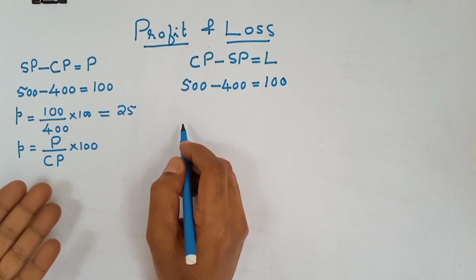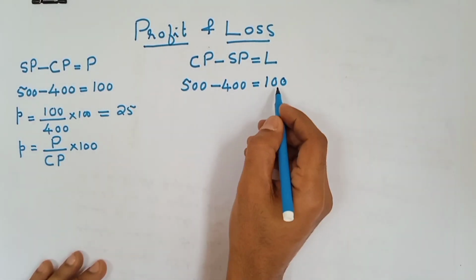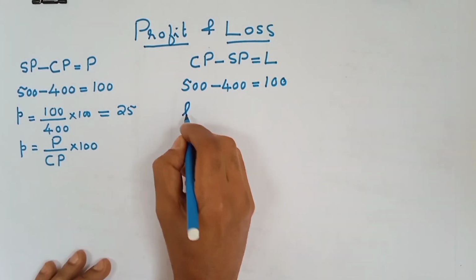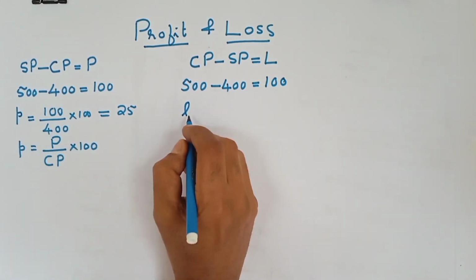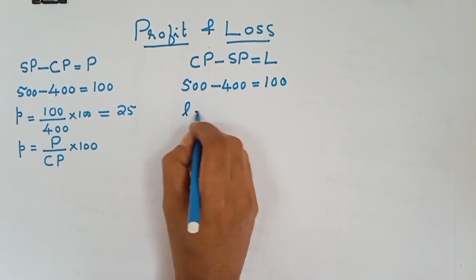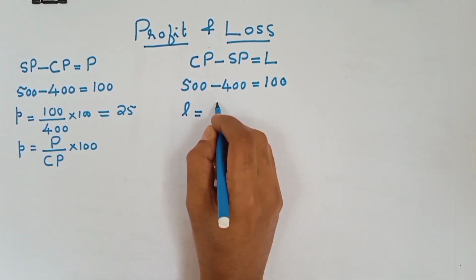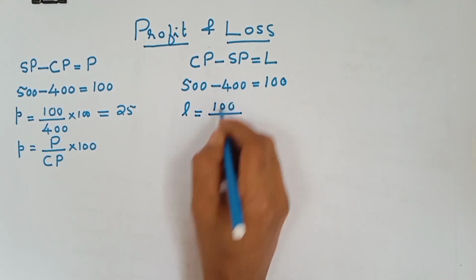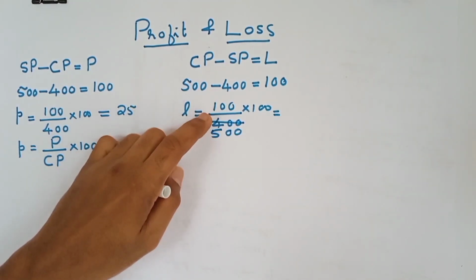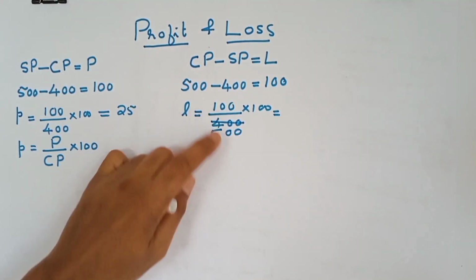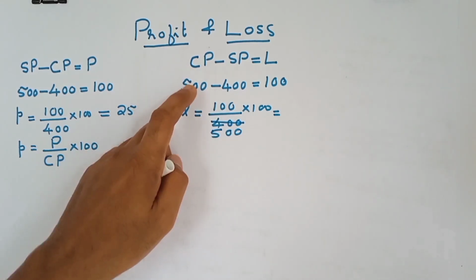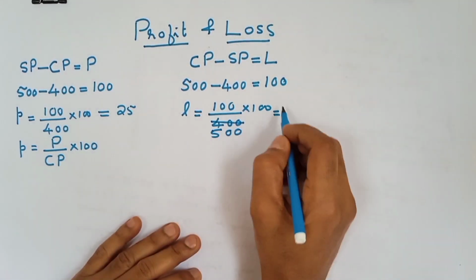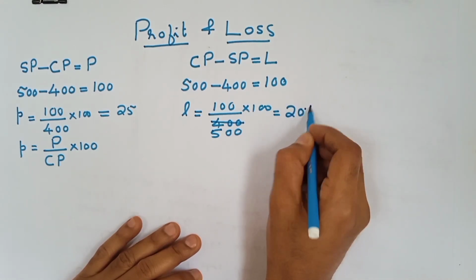And the same thing you can do to convert this 100 rupees loss into loss percentage. Normally we denote loss percentage by small l, and that will be 100, the actual or absolute loss. Again, your profit or loss conversion is always done on CP. CP in this case is 500. 400 was in the previous case. So this works out to 20.